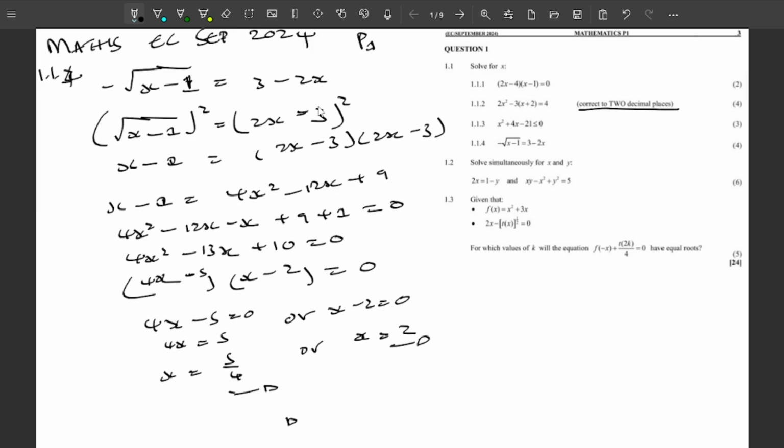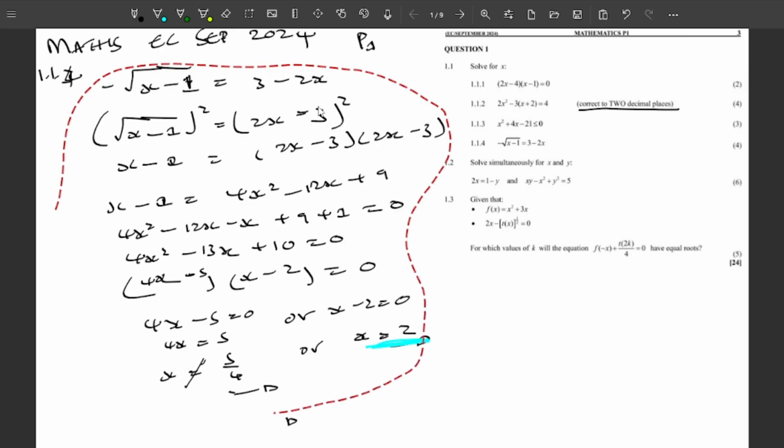But if you put in 2 here, they will be equal to each other, because 2 minus 1 is just 1, then minus 1, and here minus 1. So this means that this one is not the correct answer, and the correct answer is this one here. The x is equals to 2, by the way, not the x minus 3.